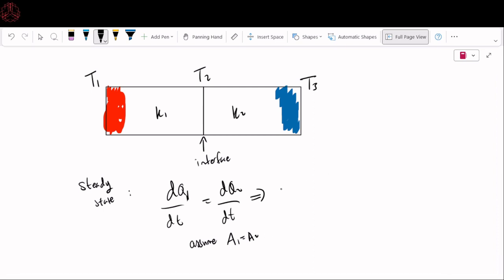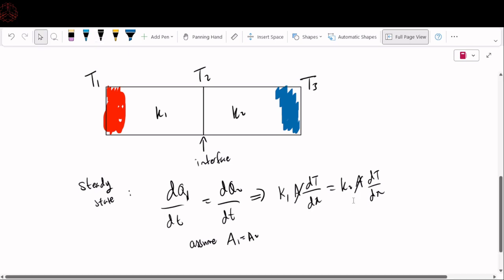You will have kappa 1 A dT over dx equals kappa 2 A dT over dx again. Now, of course, dT is just the cold side minus the hot side.